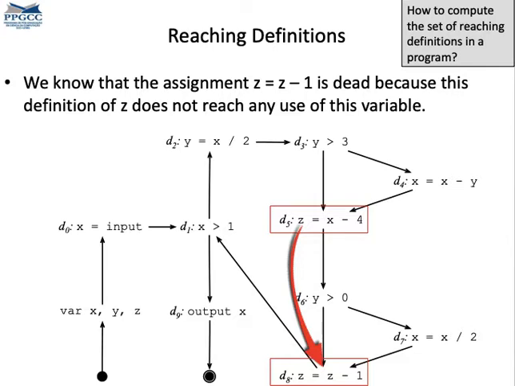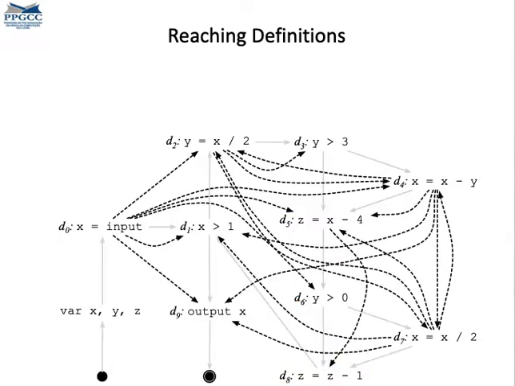But the definition at D5 is not dead, only the one at D8. Here you have some use-def chains. These are relations between points where variables are defined and points where they are used. And as you can see, there is no arrow leaving the definition of z at D8.